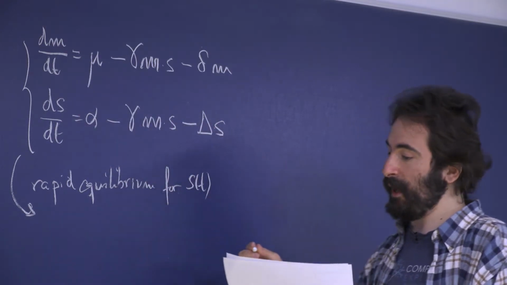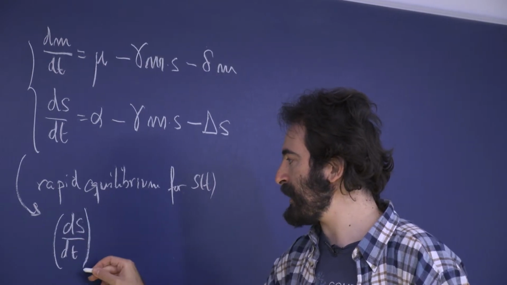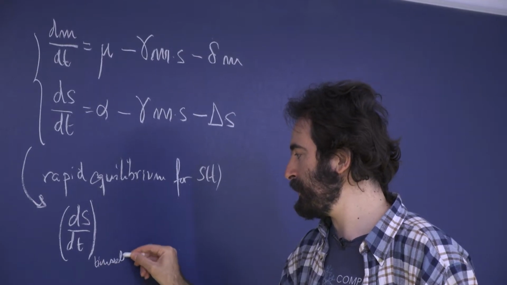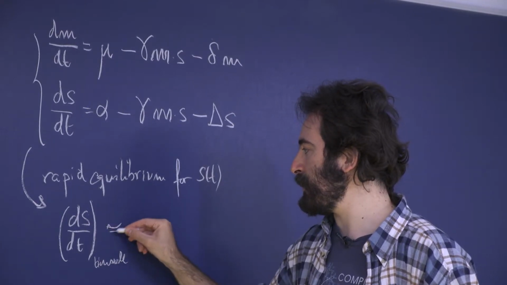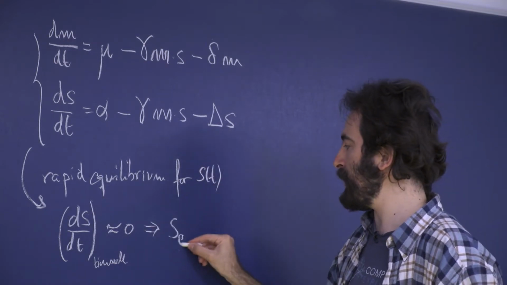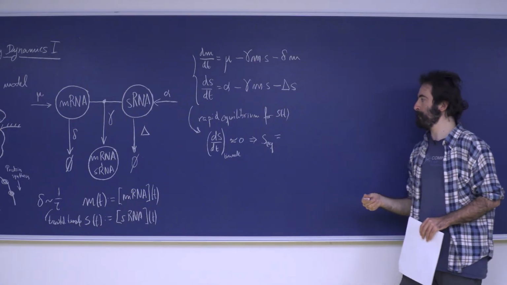Well, this gives us the following, right? So we are basically working at a time scale such that this is basically 0, or if you want, approximately 0. Great. And from here we can say that there's going to be an equilibrium value of sRNA, right?